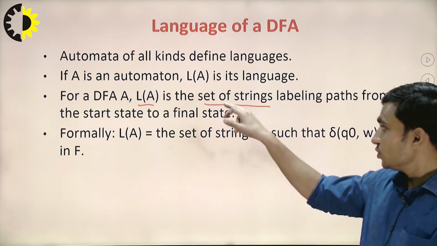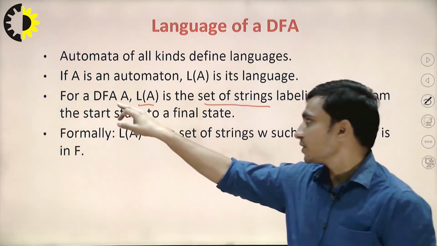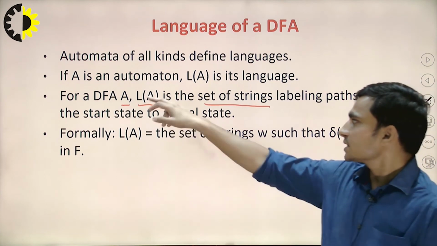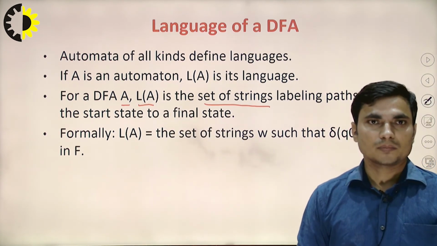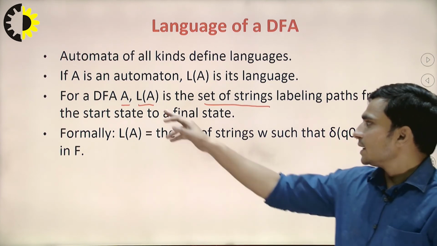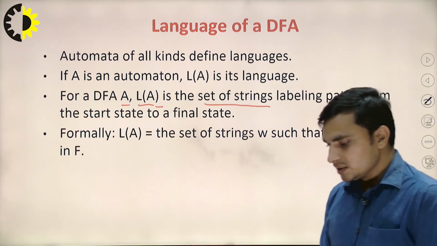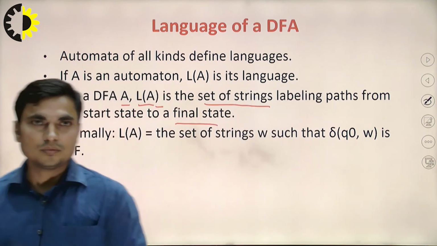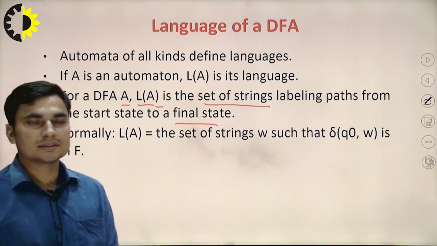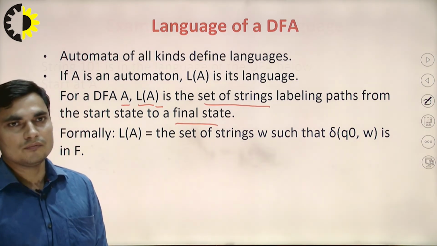And if those strings are accepted by this DFA A, then we say that this language L(A) is accepted by this DFA. Accepting means that every time we reach the final state, so there is a labeled path from the start state to the final state.